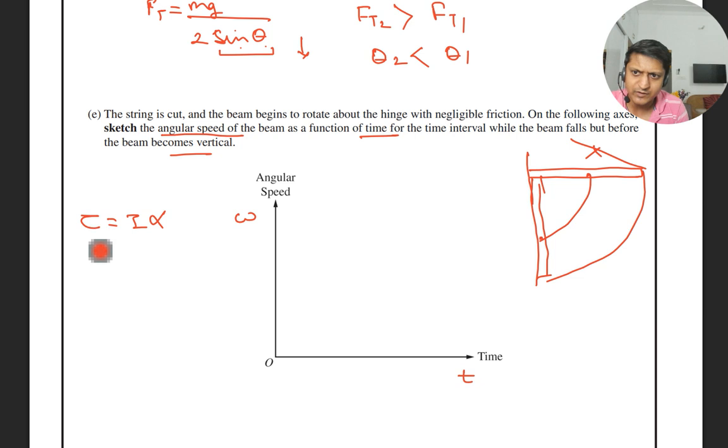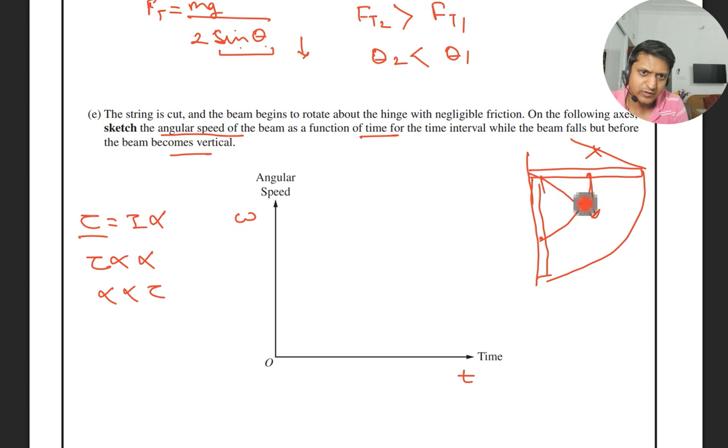So the torque here is mg. We can say that alpha is directly proportional to torque, and torque here is how much?